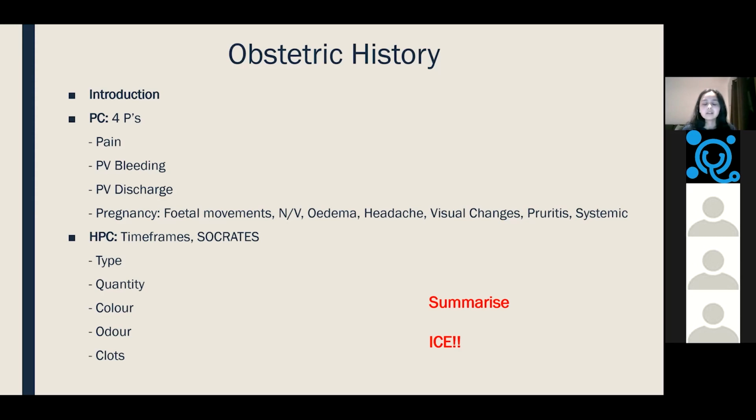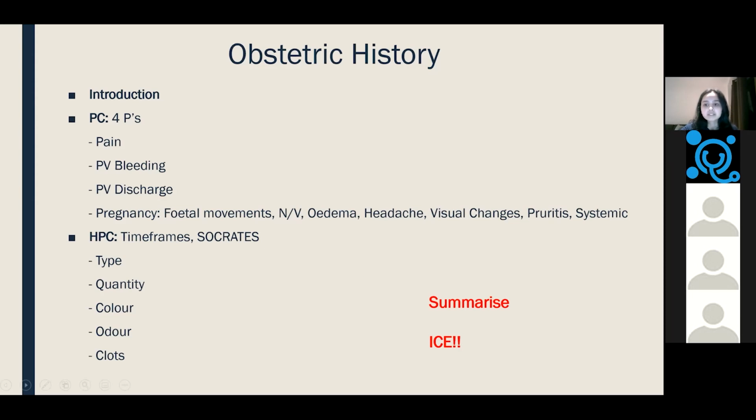So what usually happens is 4 Ps. So the main obvious presenting complaints: there's pain, there's PV bleeding and PV discharge, and then there's everything that could go wrong in pregnancy generally. So that's fetal movements, nausea and vomiting, edema, headache, visual changes, pruritus, which could be a sign of bile acids and things like that.